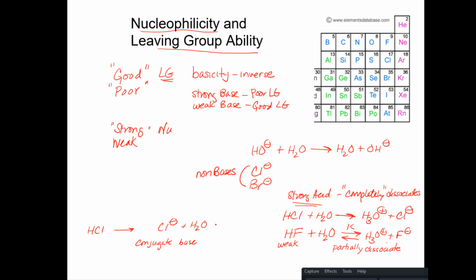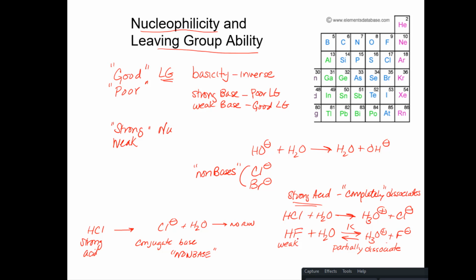No, I get basically no reaction. So is Cl minus acting as a base? No. So that's why I consider it to be a non-base. So in my world, the conjugate base of a strong acid like HCl is a non-base. It doesn't react with water to form hydroxide.